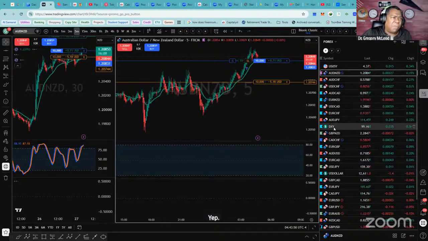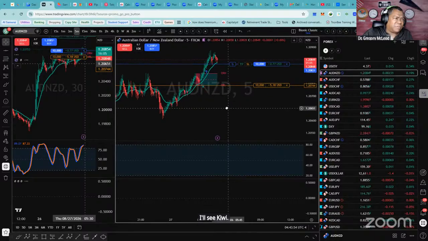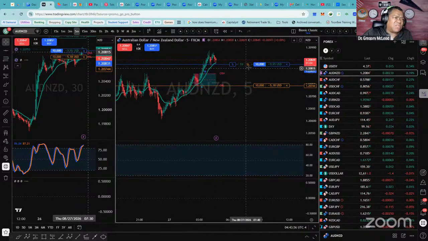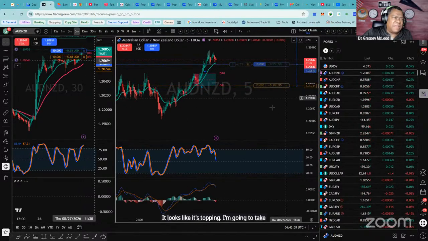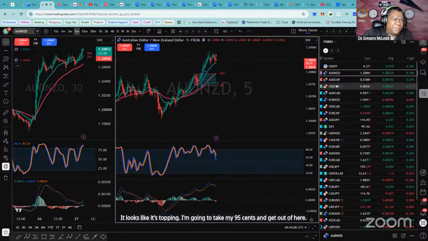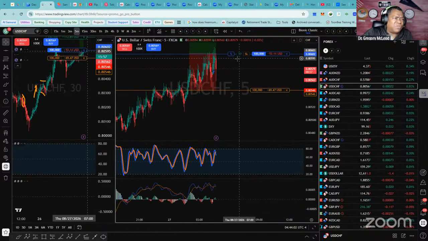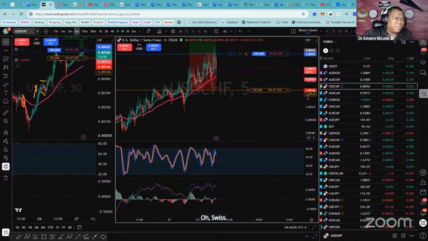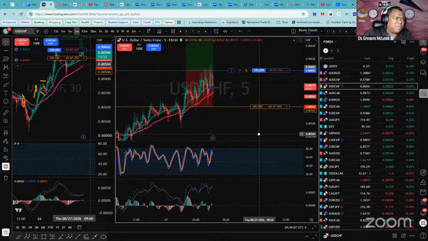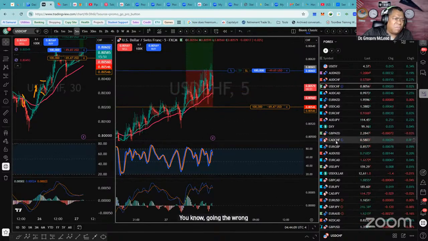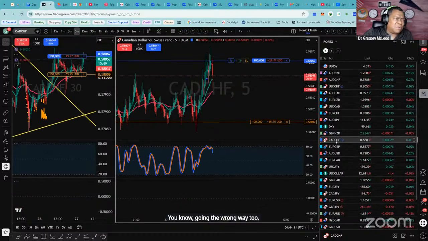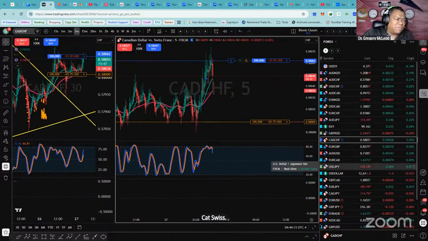Aussie Kiwi, it looks like it's topping. I'm going to take my 95 cents and get out of here. Dollar Swiss, going the wrong way too. CAD Swiss.